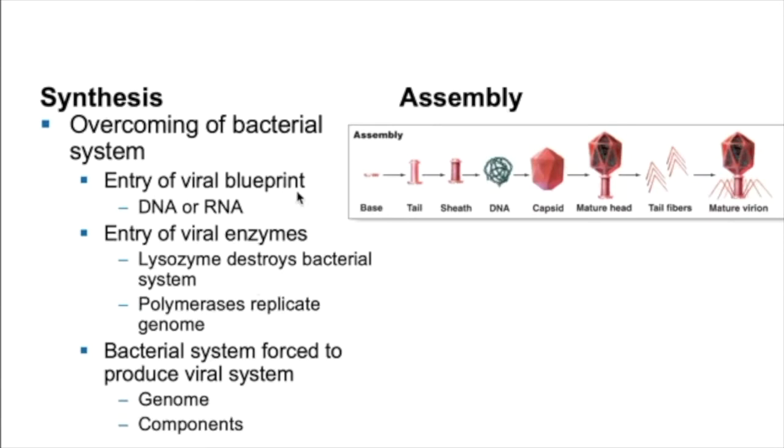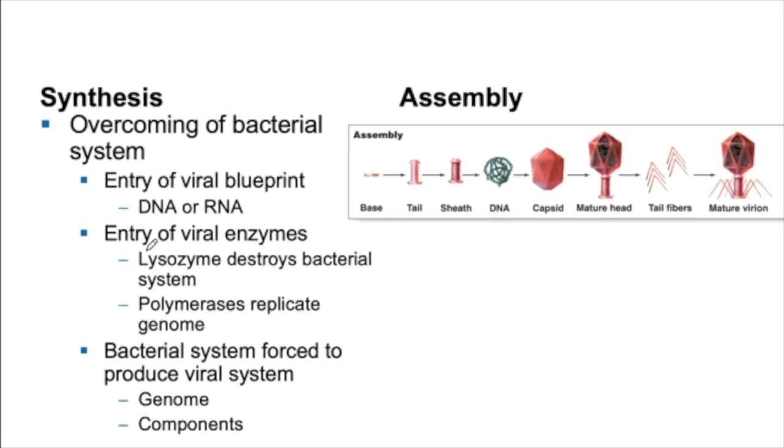So after the entry, the attachment, the penetration, there's then synthesis, there's assembling of it. For that to happen, the bacterial system has to be overcome. So there are some enzymes that have to be synthesized.